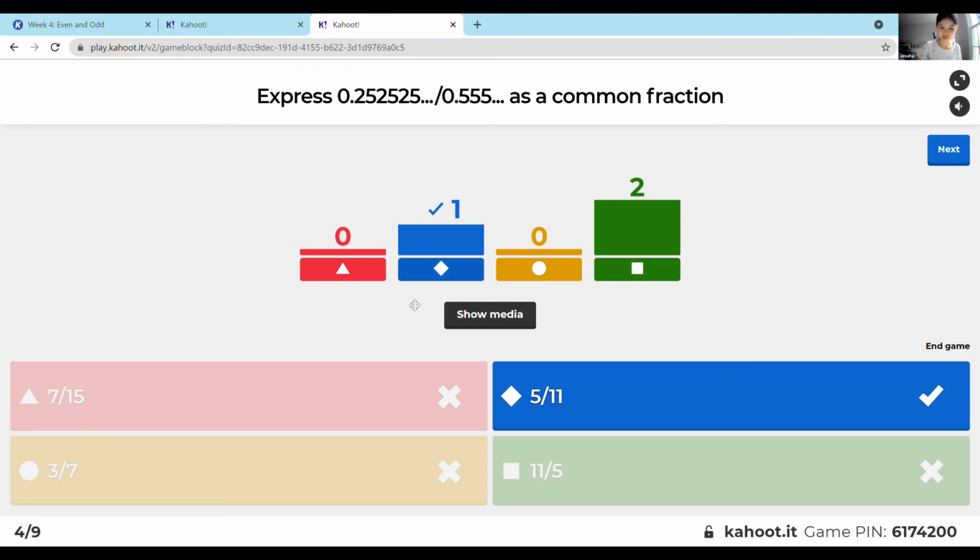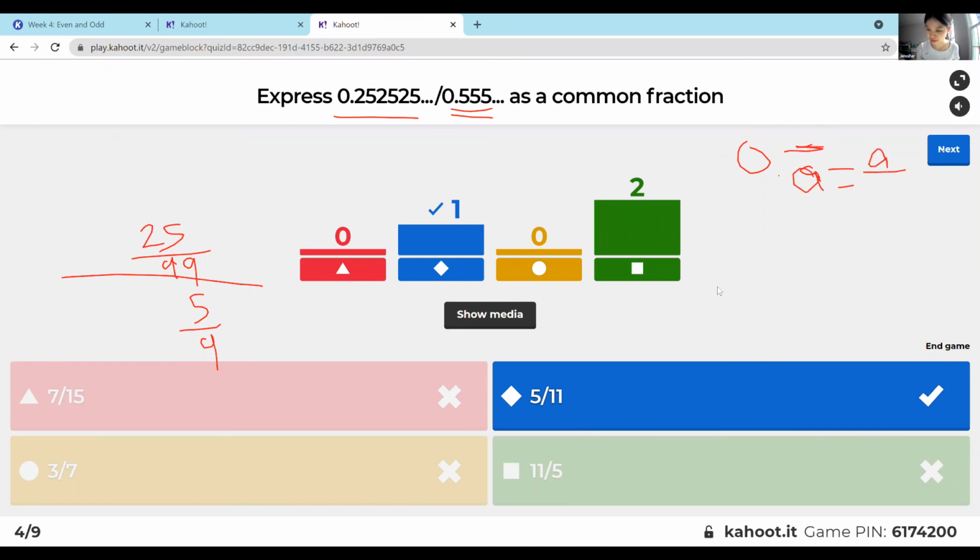And to approach this problem, we'll write these as fractions. And as you know, this would be 25 over 99, and this would be 5 over 9. So the property that 0.a repeating will equal a over 9 is similar to the other properties, and 0.aa repeating will be a over 99.